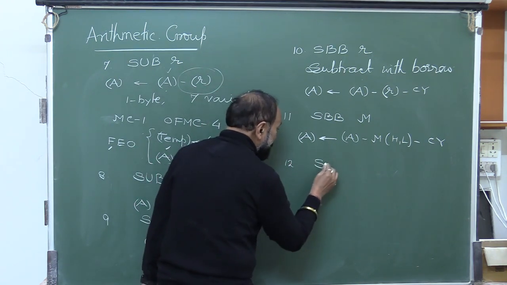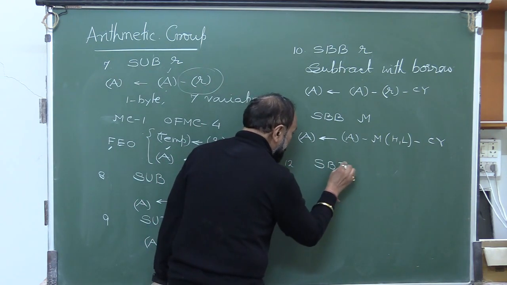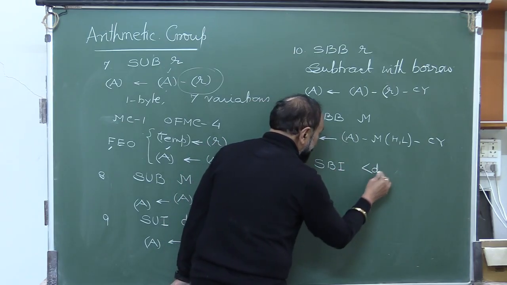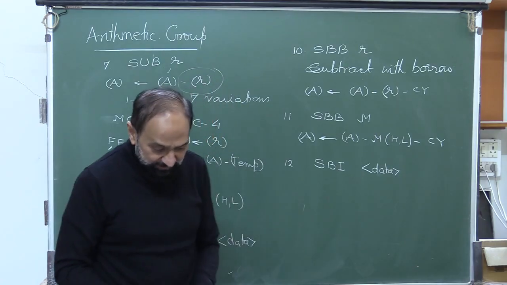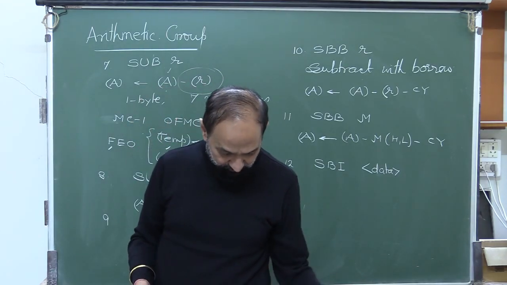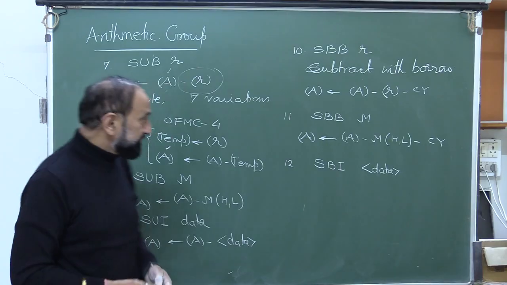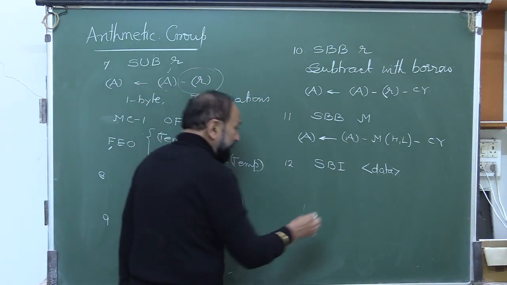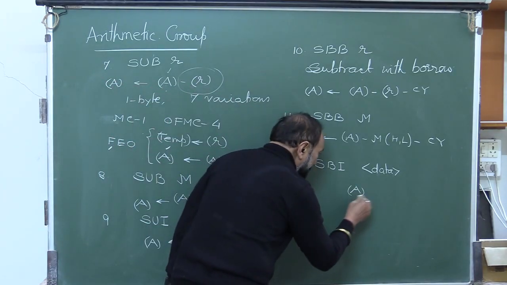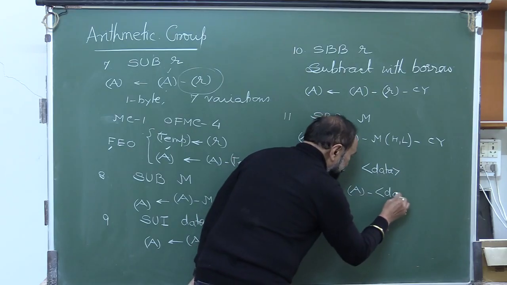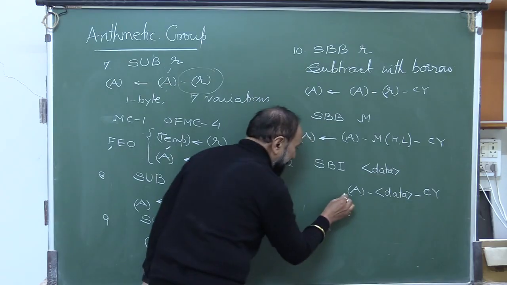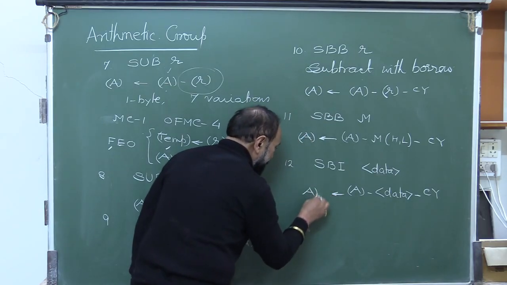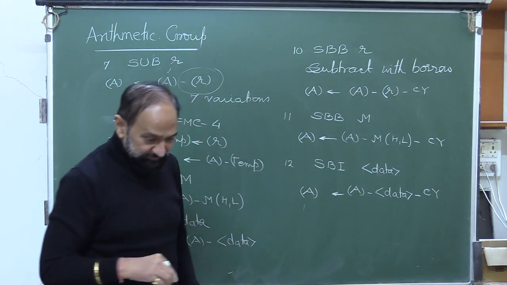And the second operand may be present in the instruction itself as a data byte. So it is accumulator minus the data byte minus the initial carry, and that result is stored in the accumulator.